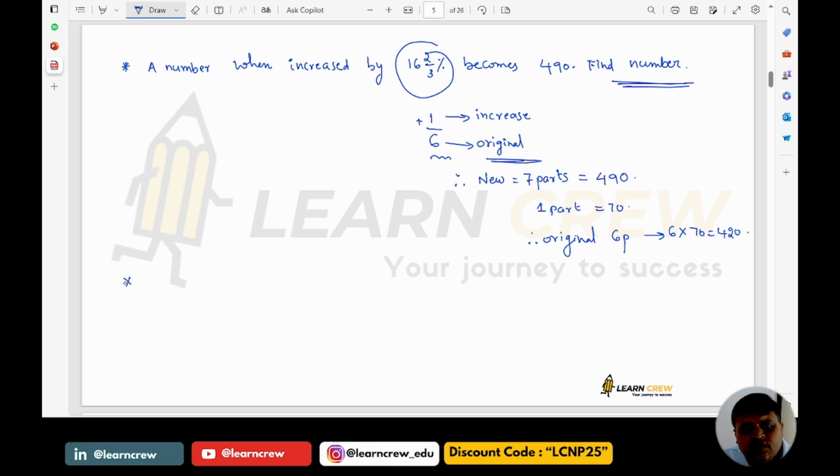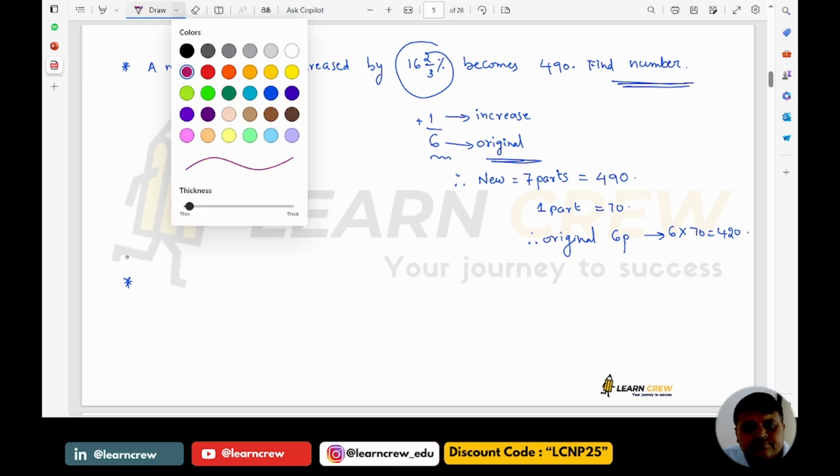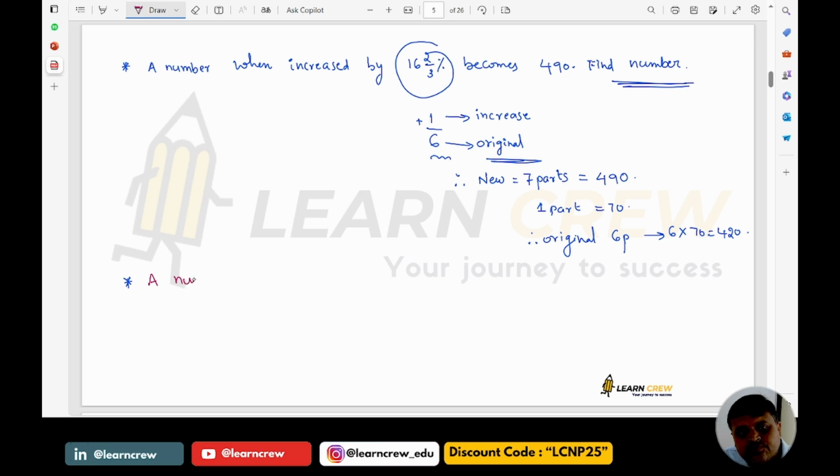Next. For example, I am giving one more of the same type. See, a number when reduced by 37.5 percentage is decreased by 12.